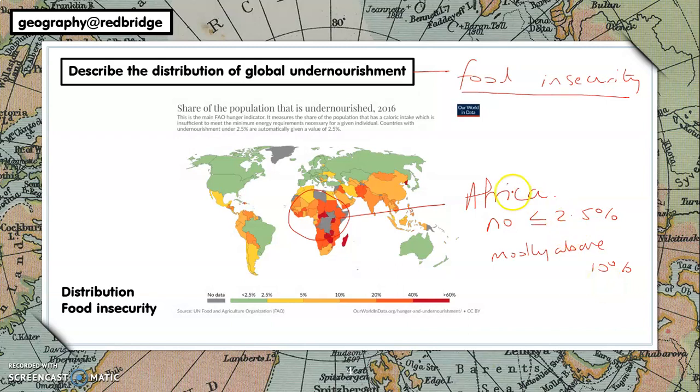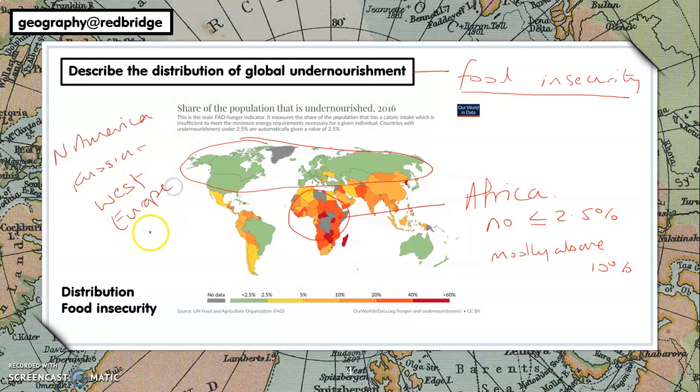All right. Another significant area to use is this area here. So you've got North America, Russia, and Western Europe. Oh, the pen's not working particularly well. Sorry. These are below 2.5%, so most of that. You've then got your anomalies.